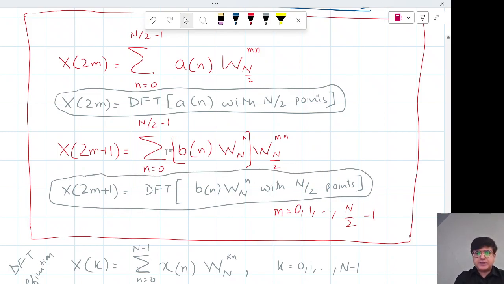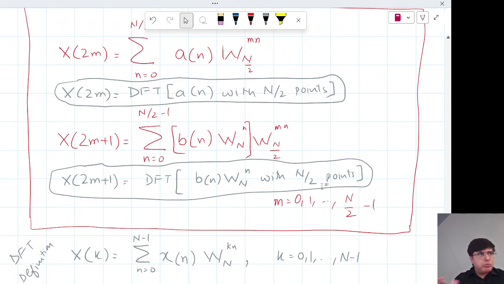So I just take this one, this is just the sequence b of n times W subscript N to the power n. If you multiply these, you will just get one sequence, and the length of that sequence is going to be N over 2. And this is just the same that you have for the DFT formula. So this is just the DFT of the sequence b of n times W subscript N to the power n with N over 2 points.